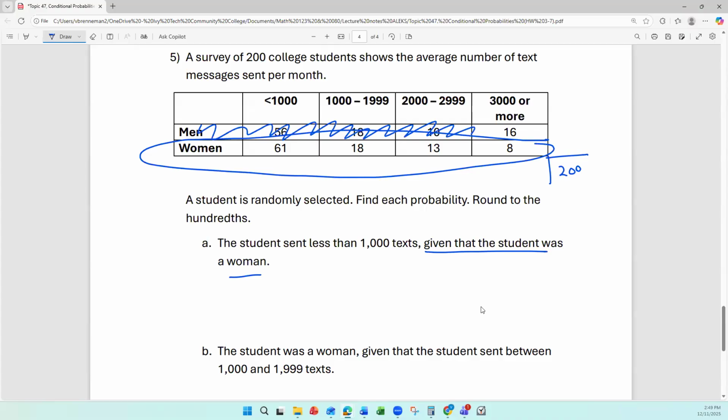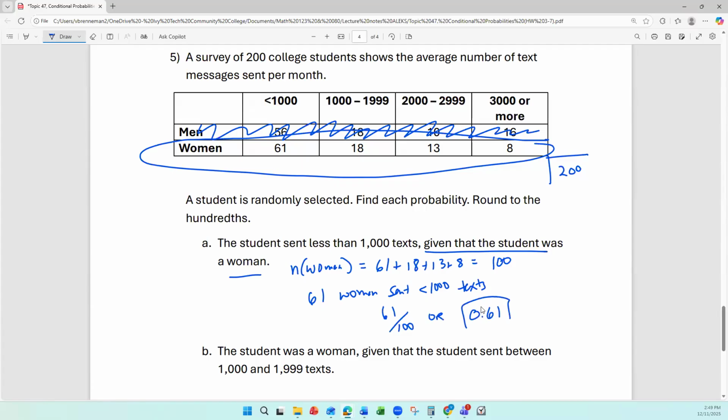So just out of the women, how many women total? 61 plus 18 plus 13 plus 8 is 100. So there's 100 women. Out of those 100 women, 61 women sent less than 1,000 texts. So that's 61 out of 100, or that would be 0.61 in decimal form.